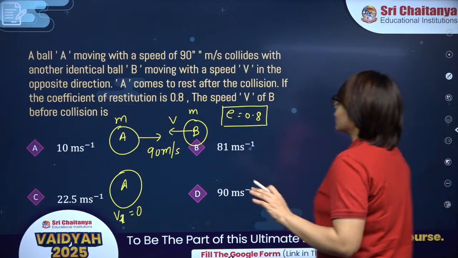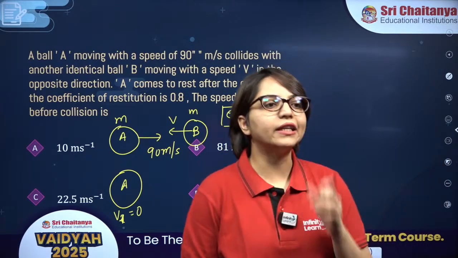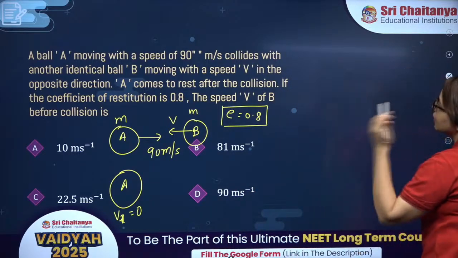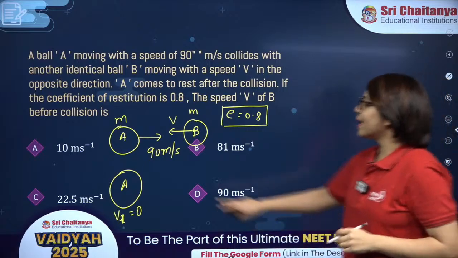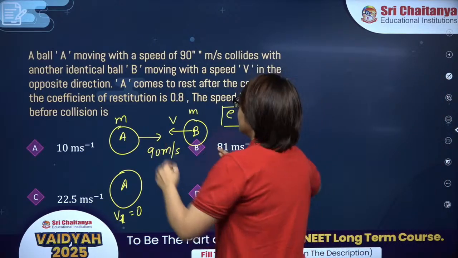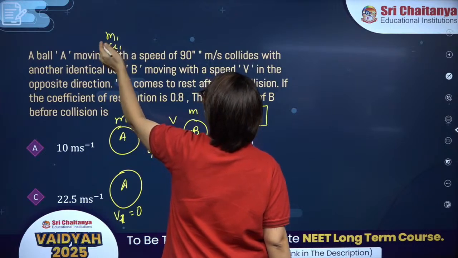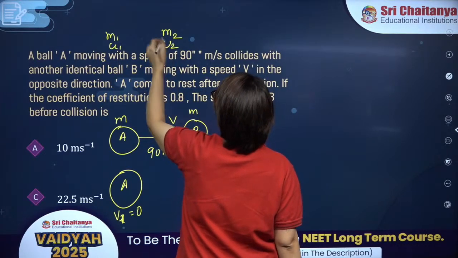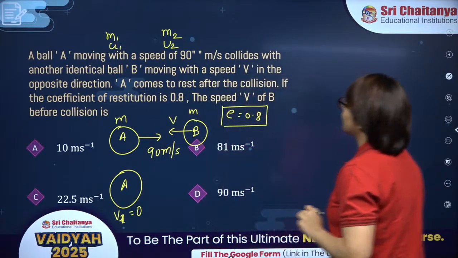For this, you can apply the shortcut directly. If you know this formula, for example, this is mass 1, this is mass 2. Mass 1 has mass m1 and its initial velocity u1, and m2 has initial speed u2. u1 and u2 are the initial speeds of m1 and m2 respectively.